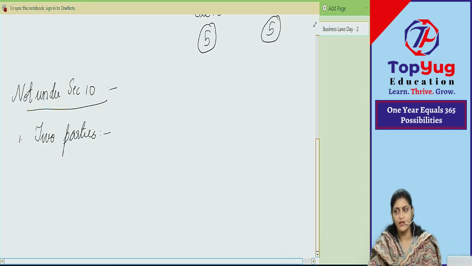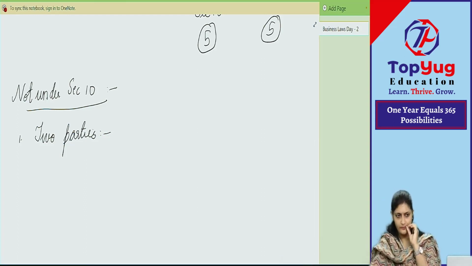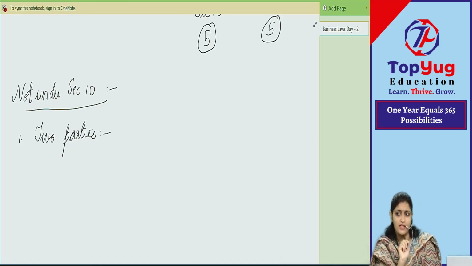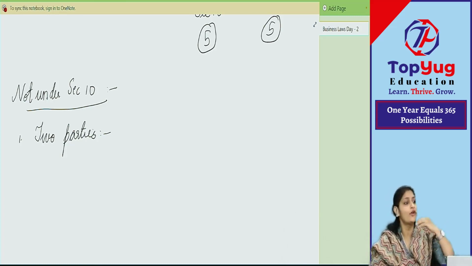But obviously, say for example, I have this pen. Can I sell this pen to myself? Is it possible? Yes or no? Is it possible for a person to enter into a contract with himself? Obviously there has to be at least two parties. Minimum two parties.